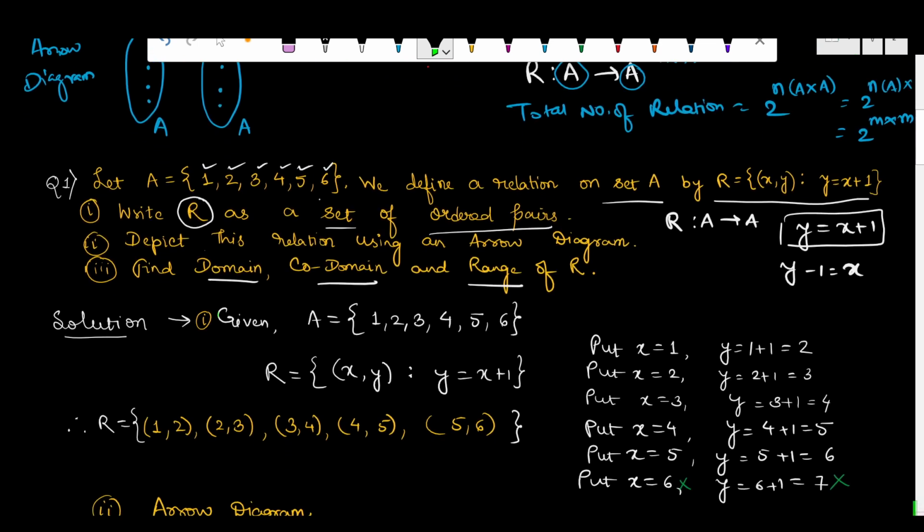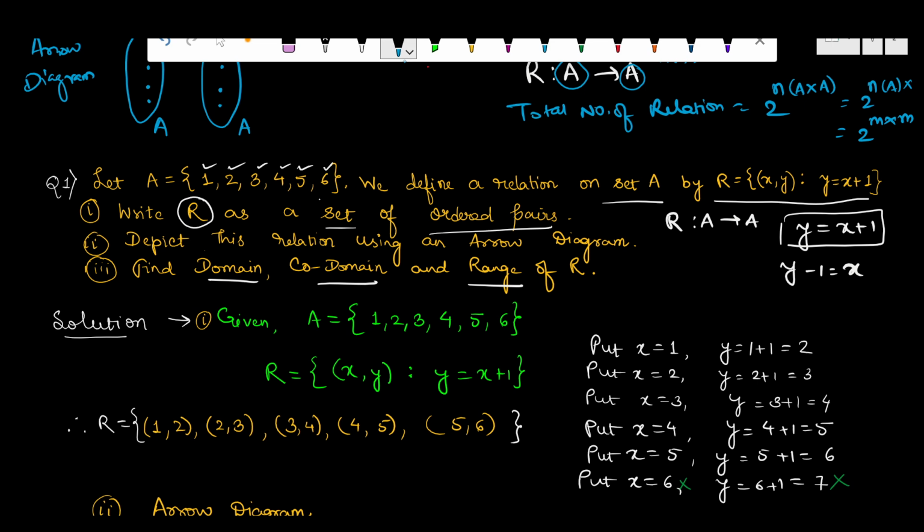So given A equals 1, 2, 3, 4, 5, 6, A contains these elements. Now we want to find those ordered pairs of the form (x, y) where this condition is satisfied. We want to form a relation from set A to itself where this condition is satisfied.